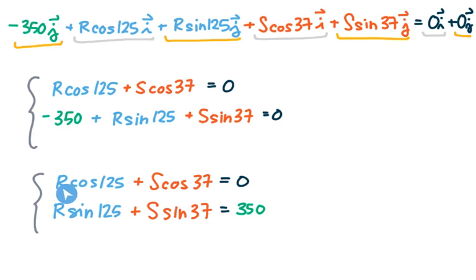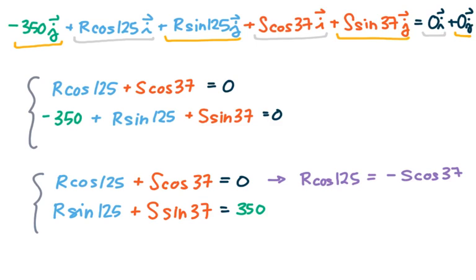So I'm going to isolate a variable, specifically R, in this top equation. So that's the same as R times cosine 125 equals negative S cosine 37.